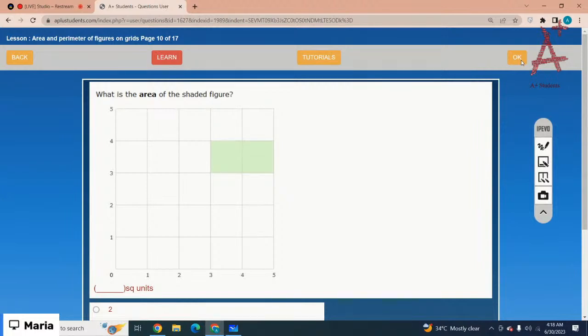Which is the correct option? The area of the shaded region is 2. The correct option is 2.